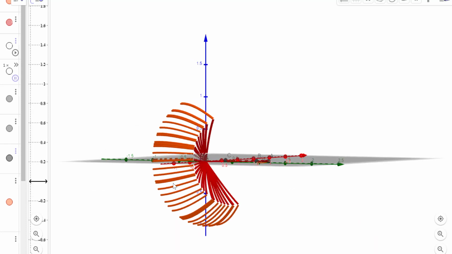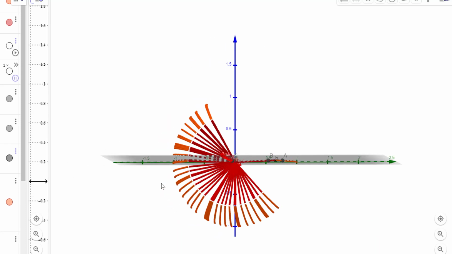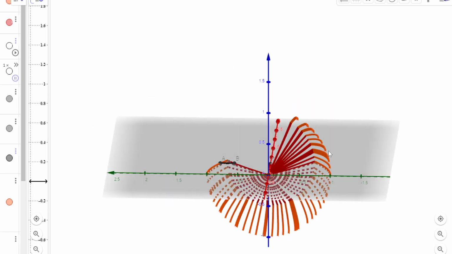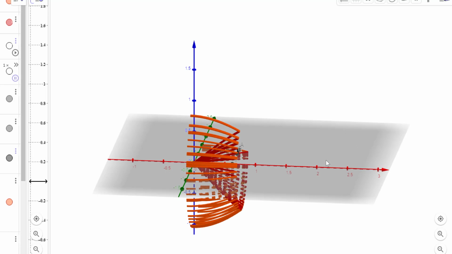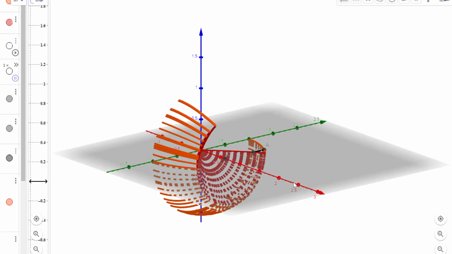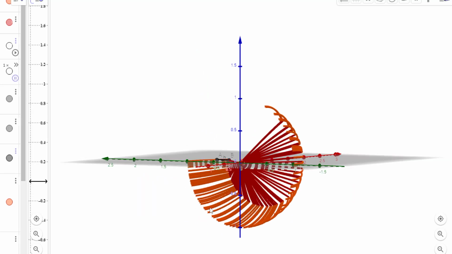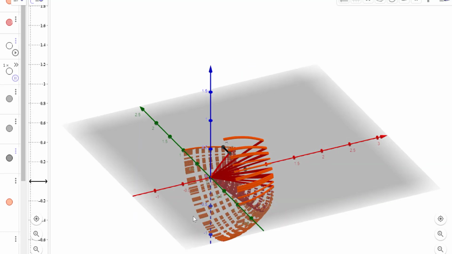The orange function is cosine of x, and the red function is sine of x. As you can see, you have an outer shell and then an inner shell. And what we want to do is find the volume that this region creates between these curves.